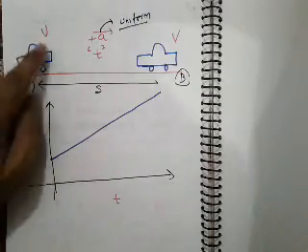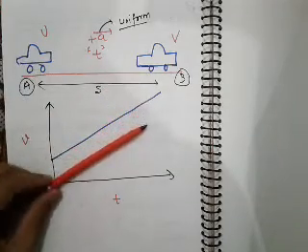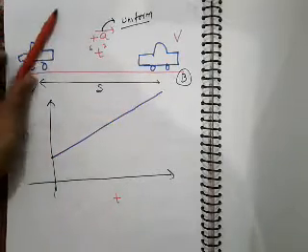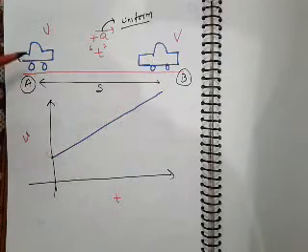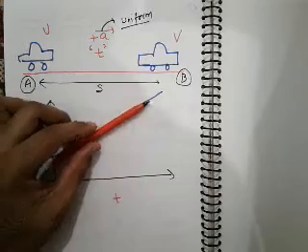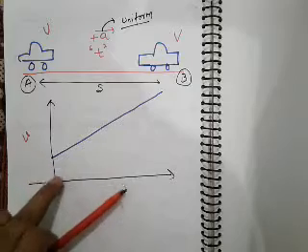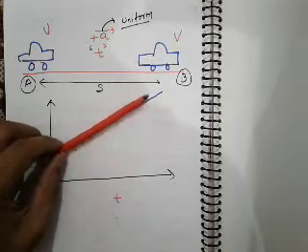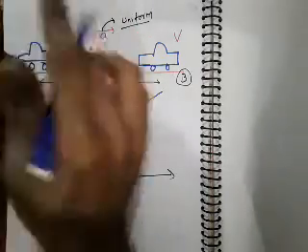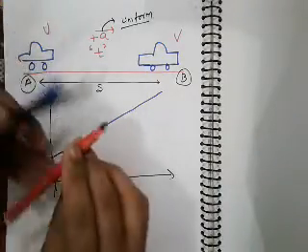Since the initial velocity is not zero, the graph does not start from the origin. It starts from some point in the upper section, because the initial velocity of this car is not zero. The graph must be a straight line; the straight line represents the uniform acceleration of the body. This value on the velocity axis is the initial velocity, which is u.